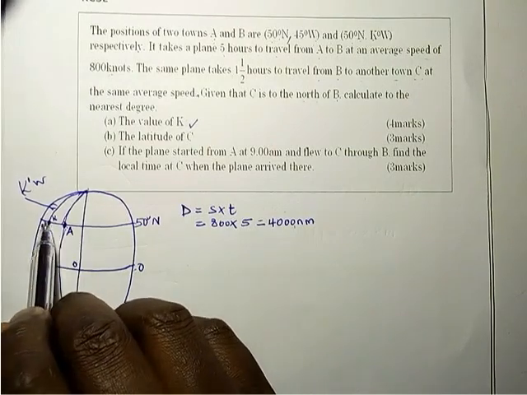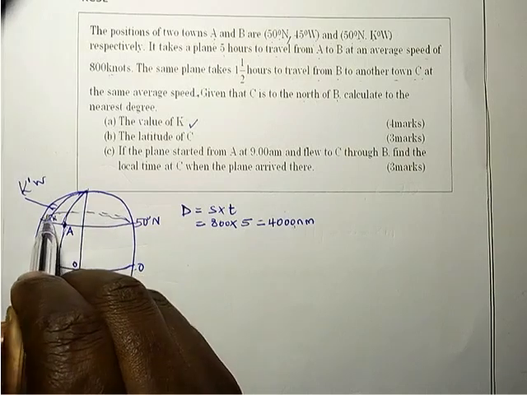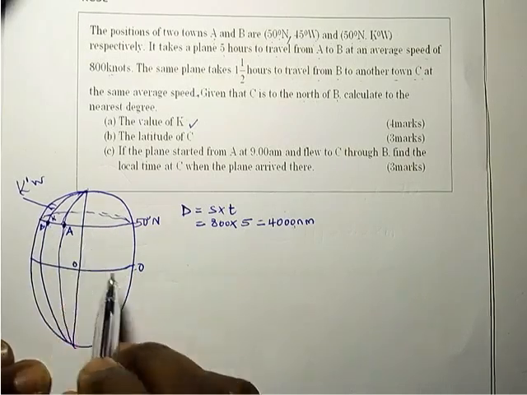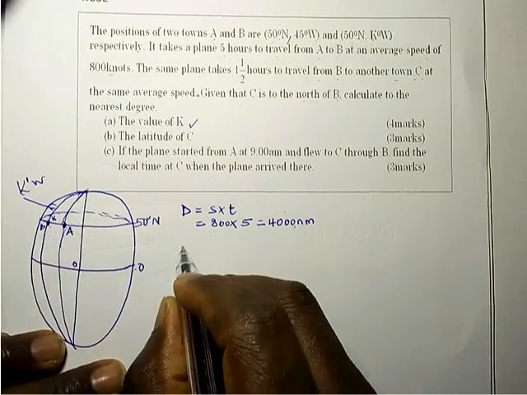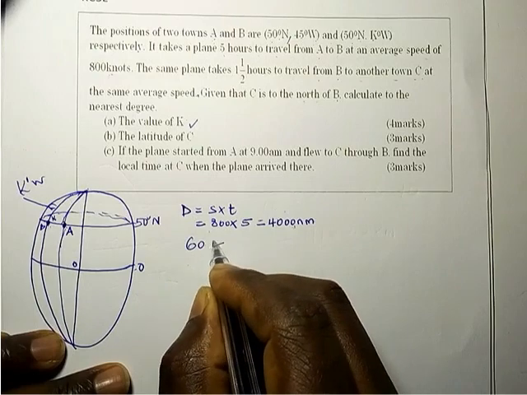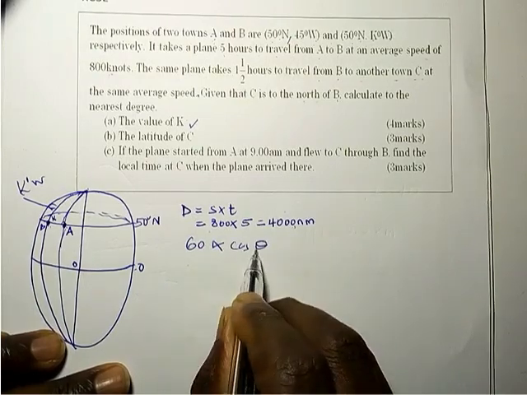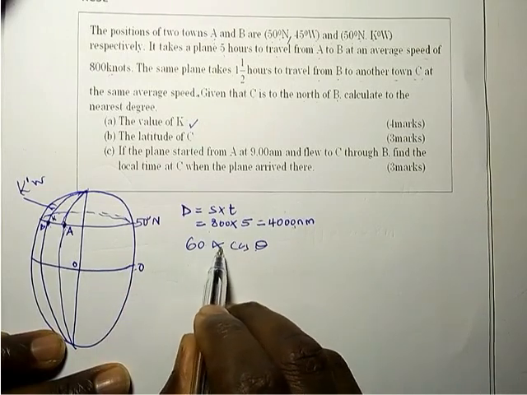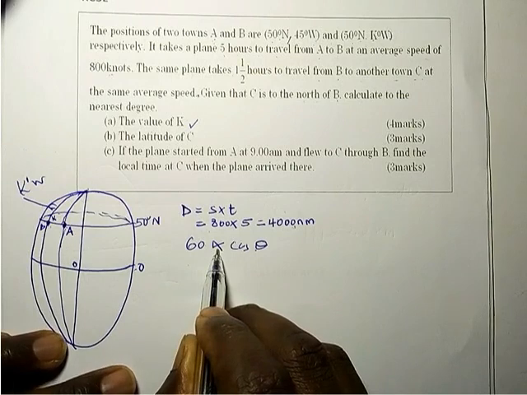Ask yourself, is this a small circle or a great circle? It is a small circle. So we know how to get the distance on a small circle in nautical miles. That is 60 times the change, times cos theta, where theta is the latitude. What we don't have is the change, and that's what we are looking for.